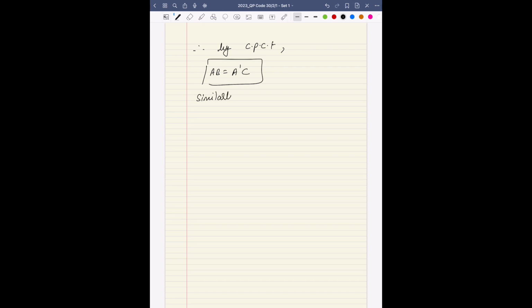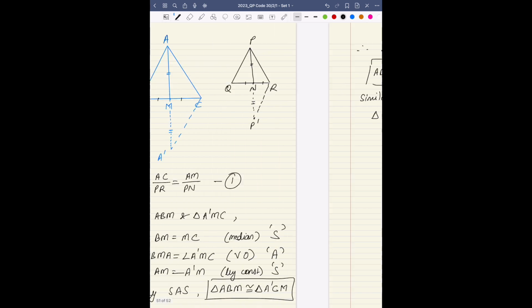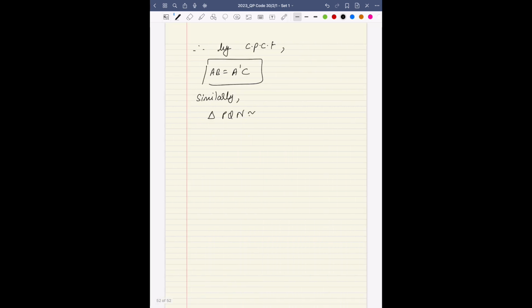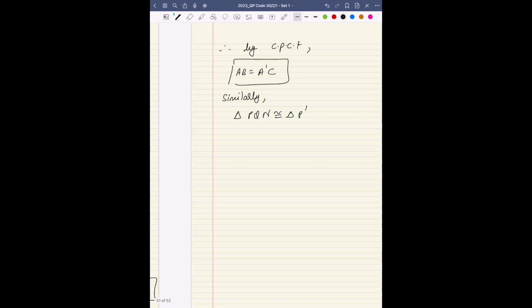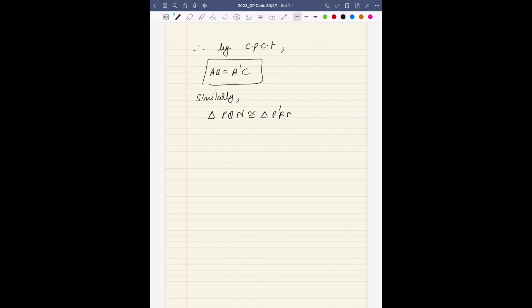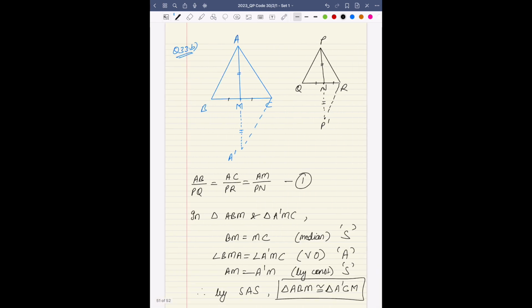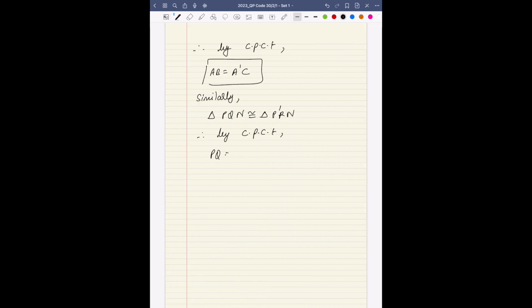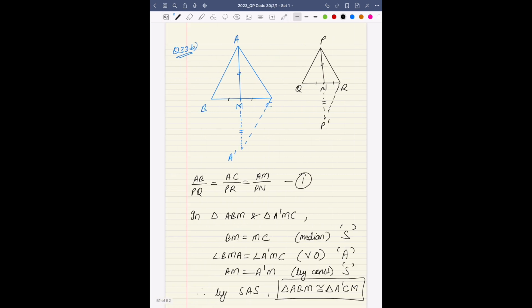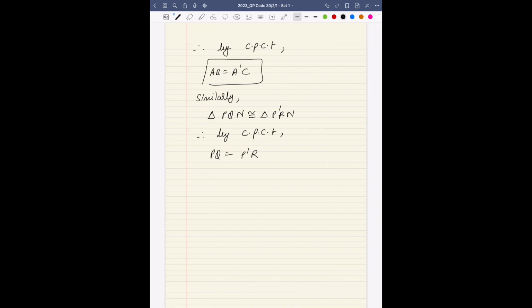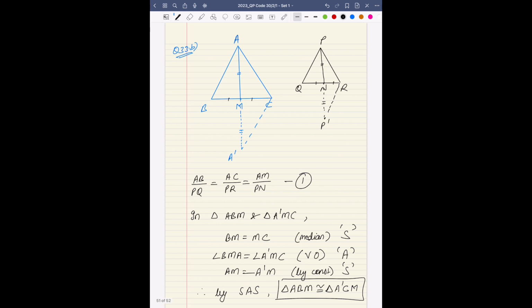Similarly, triangle, this is a little lengthy, so be patient, triangle PQN is congruent to triangle P dash RN. Hence, by CPCT, what will happen? PQ will be equal to what? P dash R. Fine.